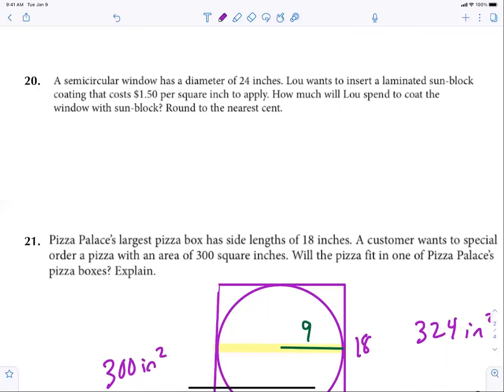Half a circle, good. So tell me, what do I need to do?